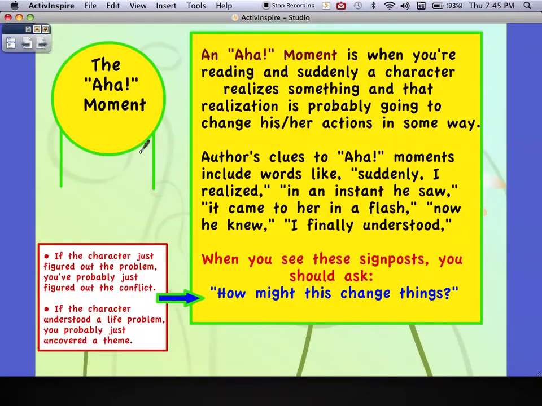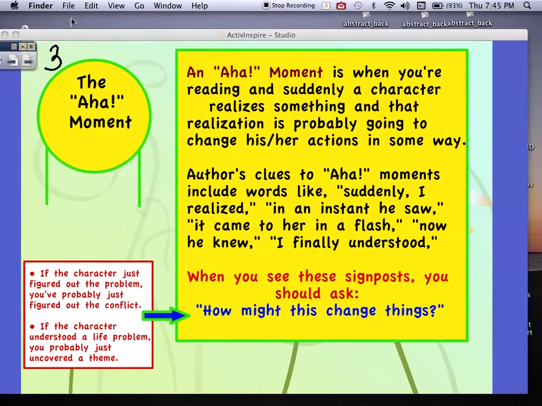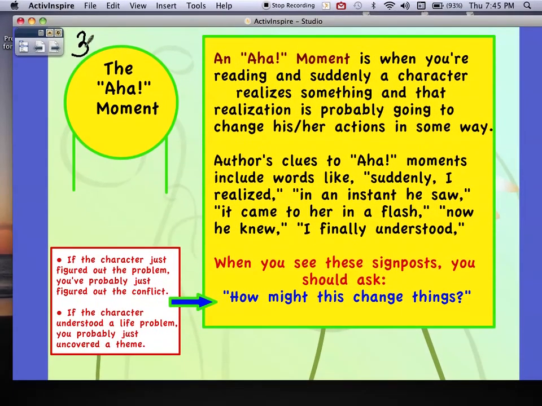Okay, the next part of the text is going to be on signpost number 3. And this signpost is that aha moment. Here's the definition. An aha moment is when you're reading and suddenly a character in the story realizes something, and that realization is probably going to cause change.